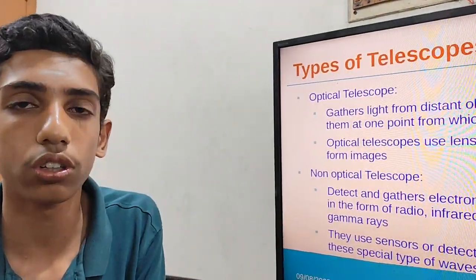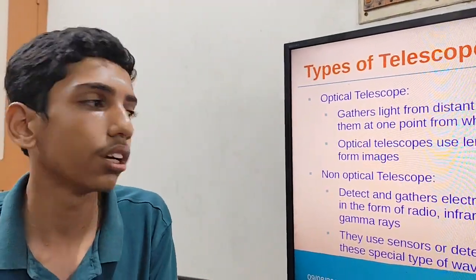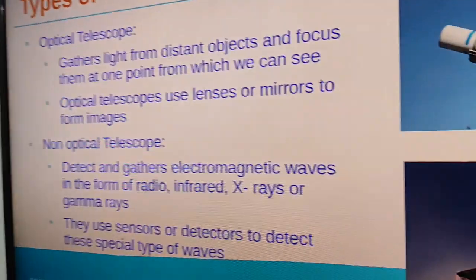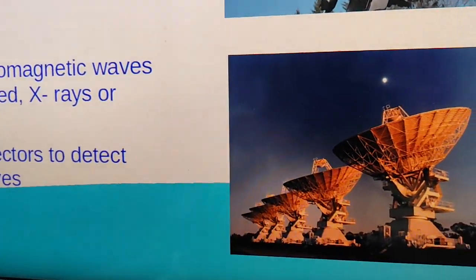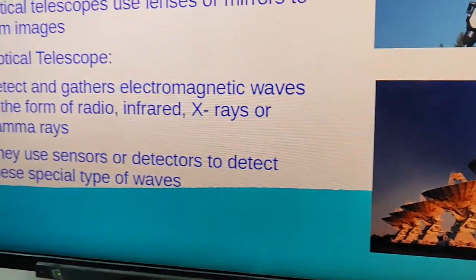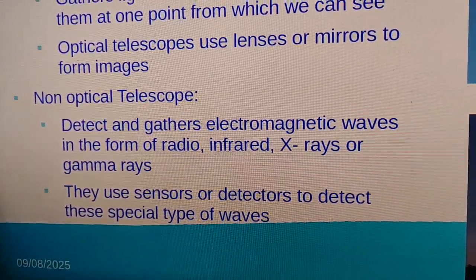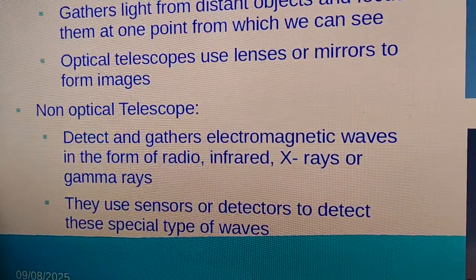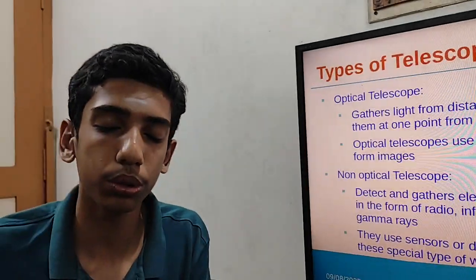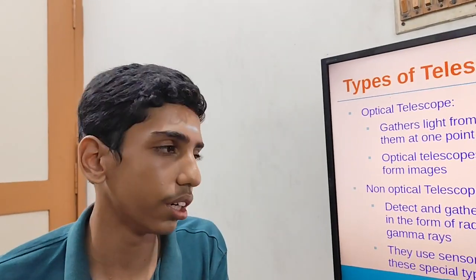But non-optical telescopes do not use any lenses. They sense signals like X-rays, gamma rays, radio waves through detectors. They use sensors or detectors to detect those rays.